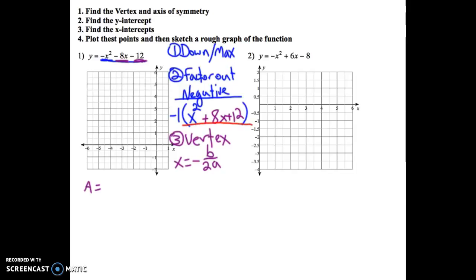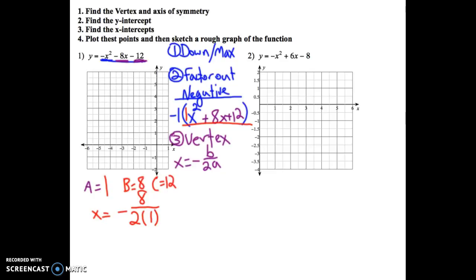So my a now is a positive 1. My b is a positive 8, and my c is a positive 12. So in order to find the vertex, I'm going to input my b and my a into the formula. So I'm going to have x equals negative, my b is a positive 8, over 2 times 1.